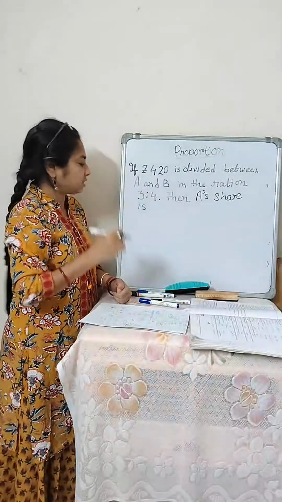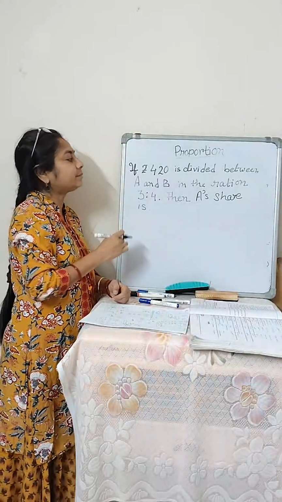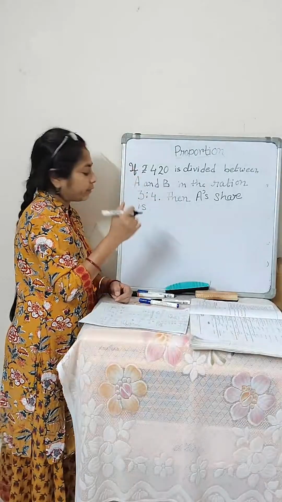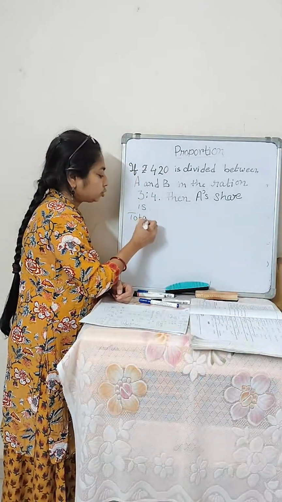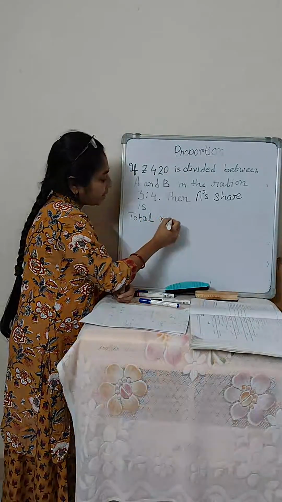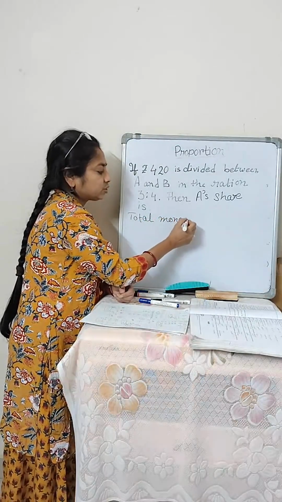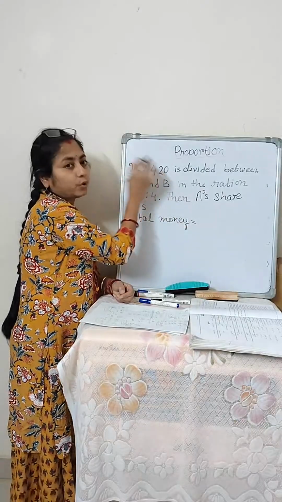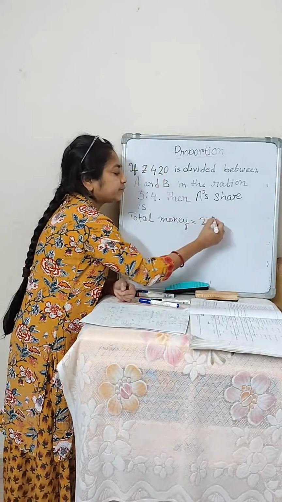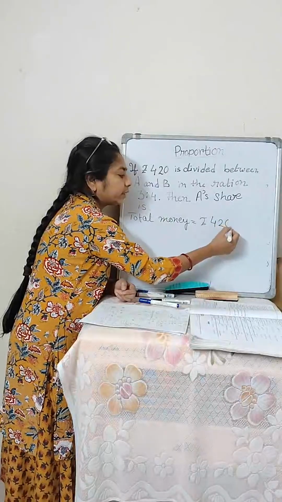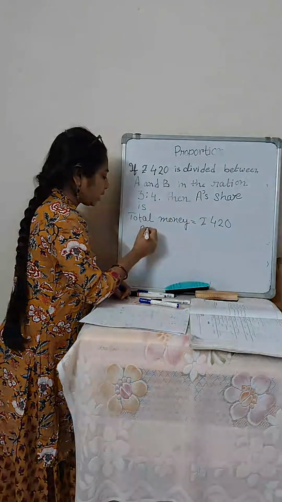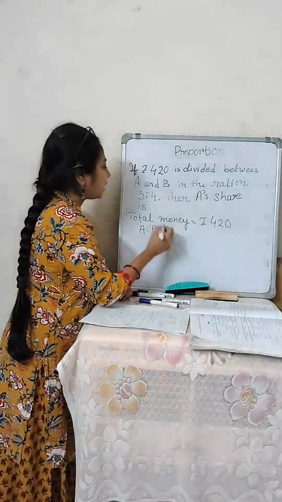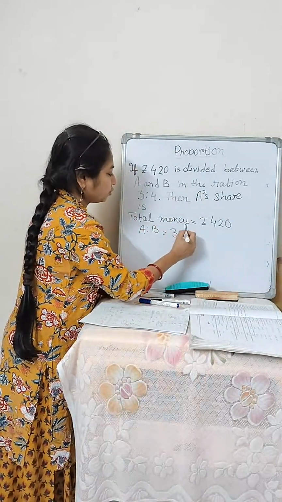What is the procedure? It is a problem sum, so first you write total money. First you check what is your total money, rupees 420. So you write rupees 420. Now A is to B, what is the ratio? 3:4.